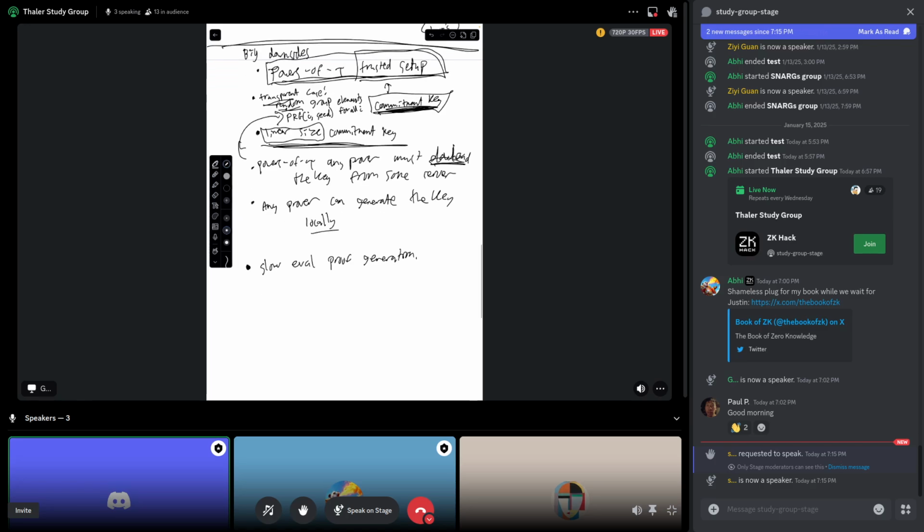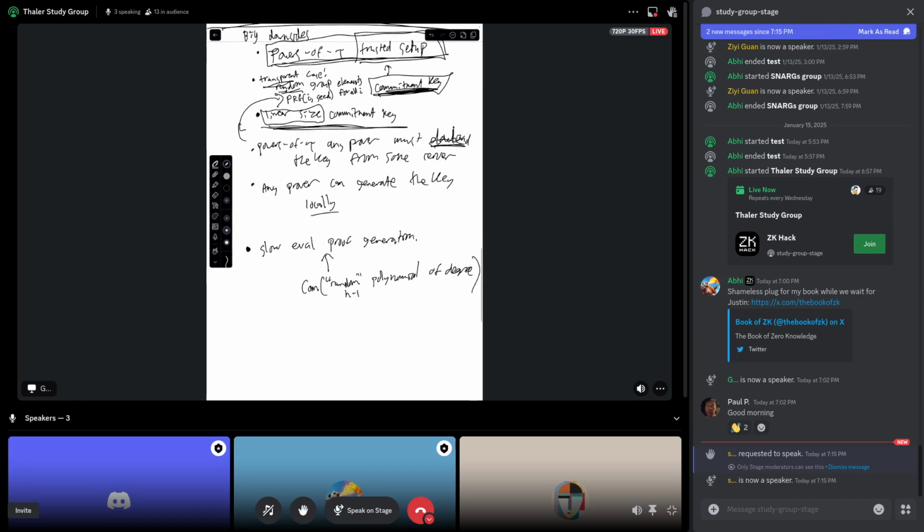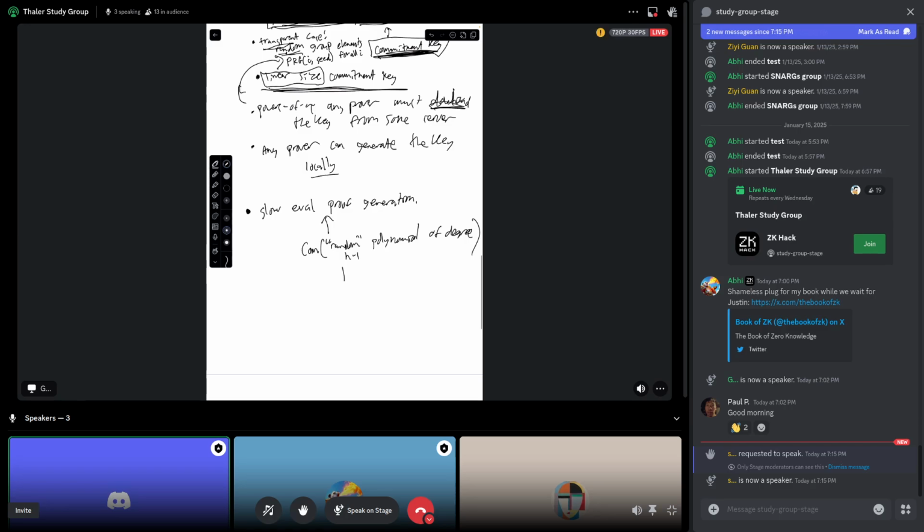Evaluation proofs in KZG commitments are basically another KZG commitment to, let's call it, a random polynomial of degree n minus one, where n is the degree of the original committed thing. And so this is pretty slow.